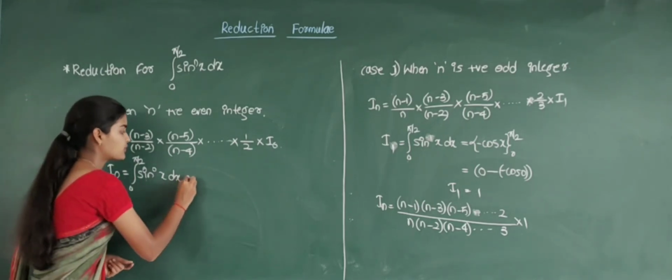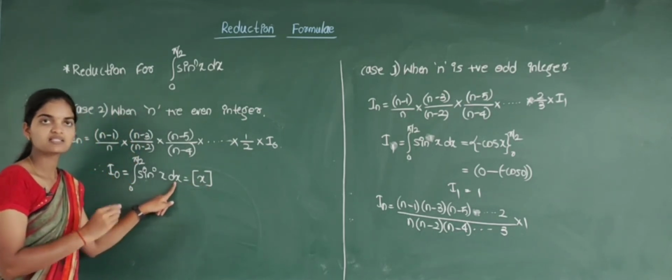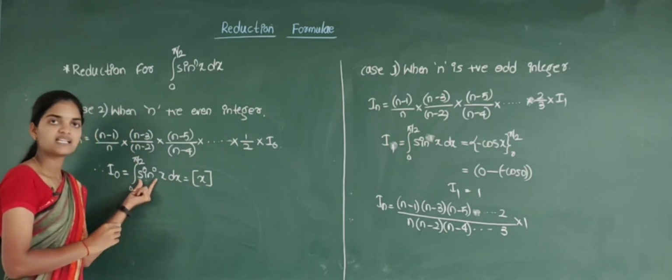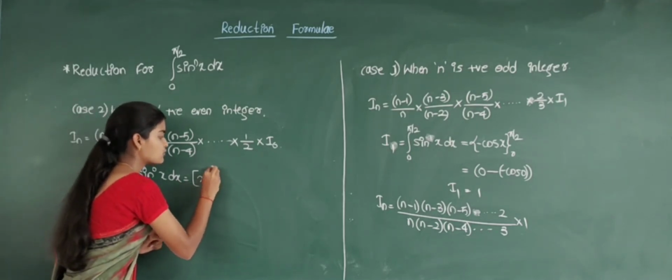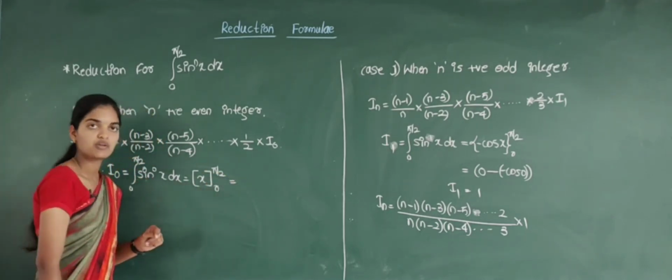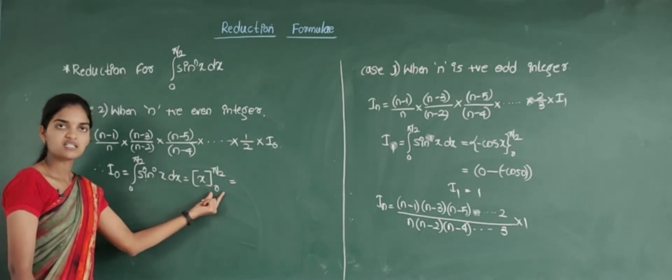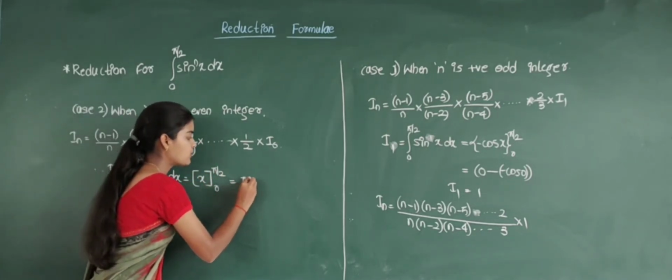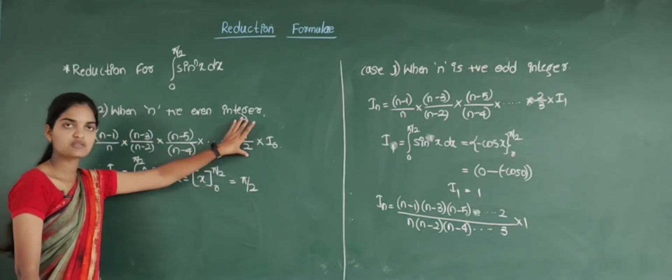Integration of 1 is x, because we are integrating with respect to x. Taking upper and lower limits 0 to pi by 2, whenever we substitute the upper limit, it is pi by 2 minus the lower limit 0. Therefore I naught value we will get as pi by 2. Now substitute this value in this formula.